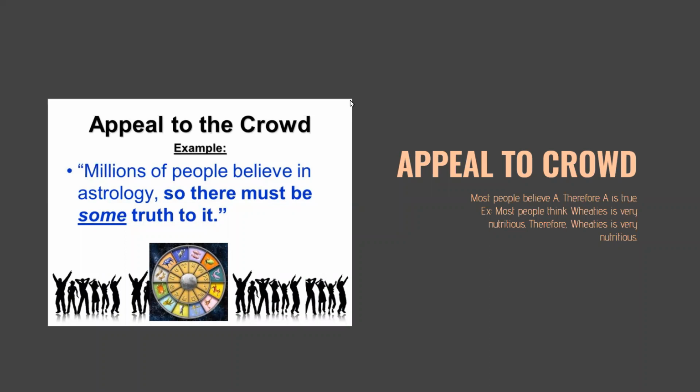Our first group includes 6 fallacies expressed in a premise-conclusion format. This first appeals to our herd instincts. Appeal to crowd: most people believe A, therefore A is true. So we could say, most people think Wheaties is very nutritious, therefore Wheaties is very nutritious.